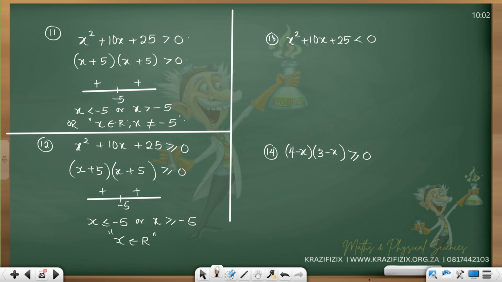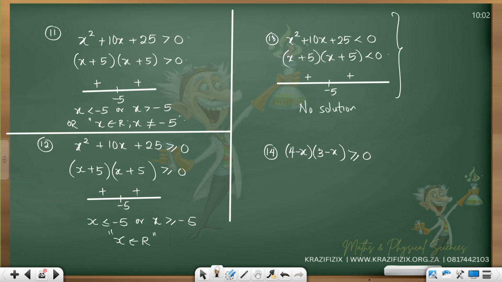What about the third one? X plus 5. Okay, critical value. There's only one critical value here. But unfortunately, we're looking for something less than 0, and it's not there. So, no solution here. And basically, let me explain this in another way.